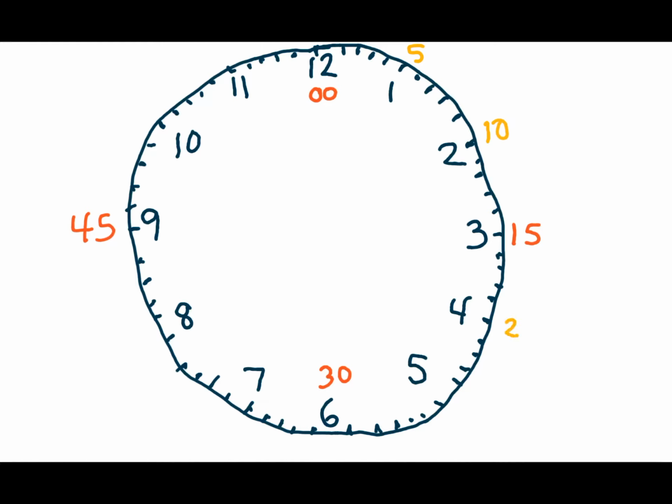For number 4 is 20, 25 for number 5. And remember, 30 is number 6, 35 is number 7, 40 is number 8, 45 is number 9, 50 is number 10. 55 is number 11, and then we get back to the 12, and we can call that 60, or we can call that 00.